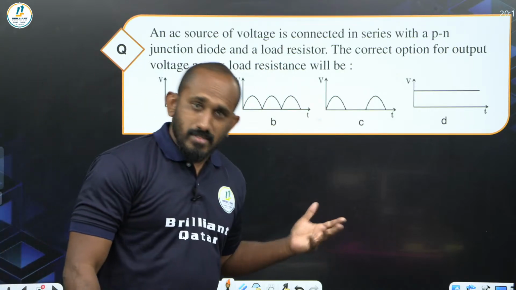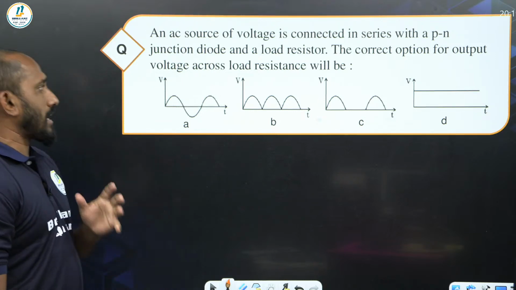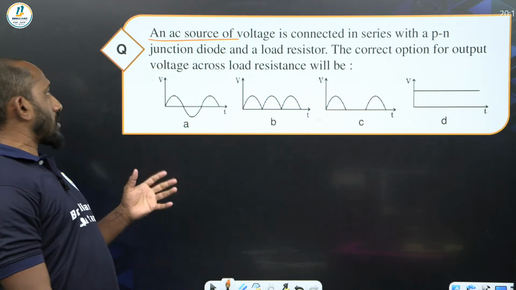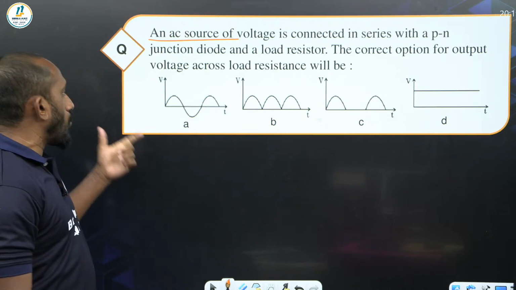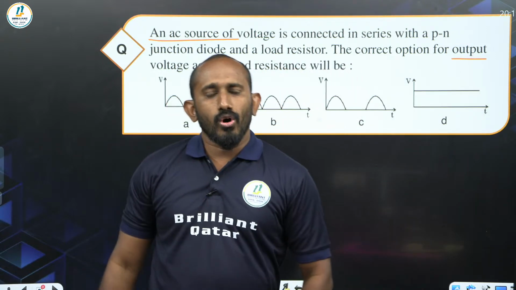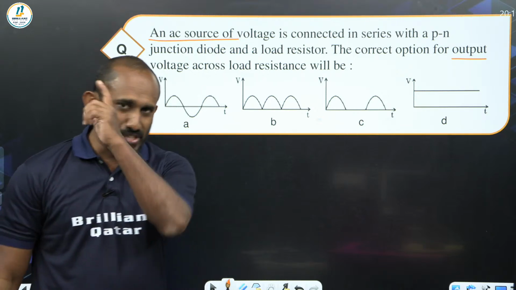Again from semiconductors. An AC source of voltage is connected in series with a PN junction diode and a load resistor. The correct option for the output voltage across the load resistance is, so what will the output be? You know, our PN junction diode has a great application in our daily life as a rectifier, remember.